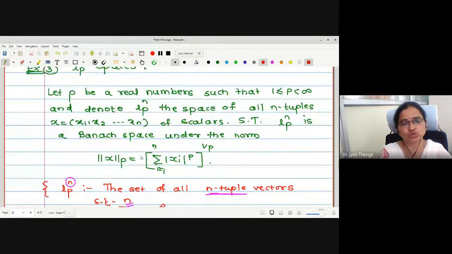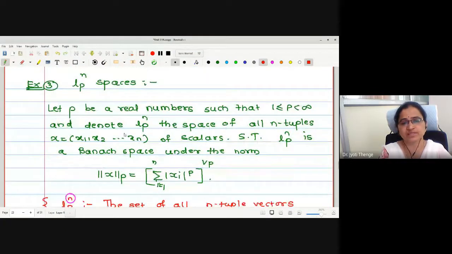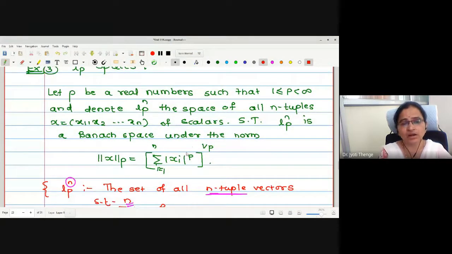Now our job is to show that these LPN spaces are Banach spaces under this norm. Again, norm P is the summation of mod xi. Now there is no need to check whether this norm exists or not, because as this is an LPN space, the summation mod xi raised to P is less than infinity, finite, the pth root exists, therefore the norm of the given vector exists.